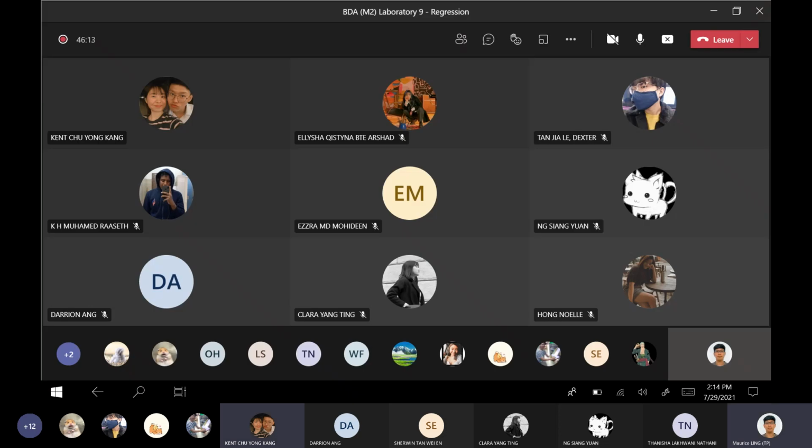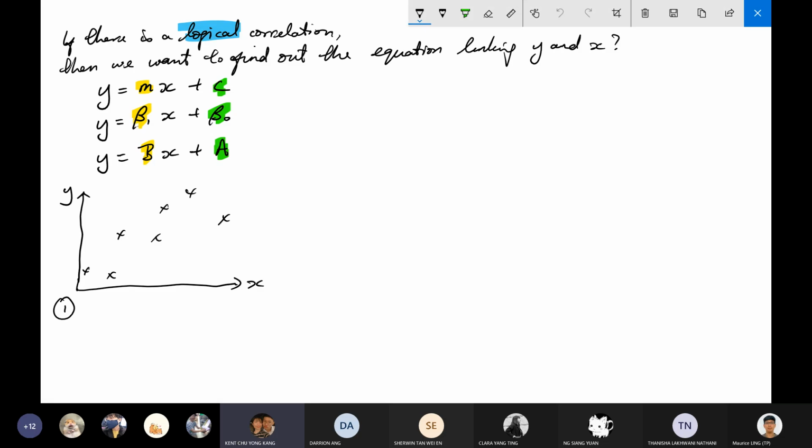So usually the secondary school teacher will tell you two rules. One is the number of points above the line should be equal to the number of points below the line. Okay, what is the second rule?